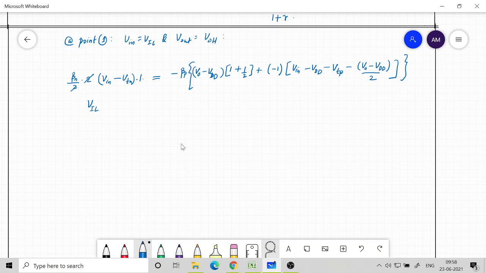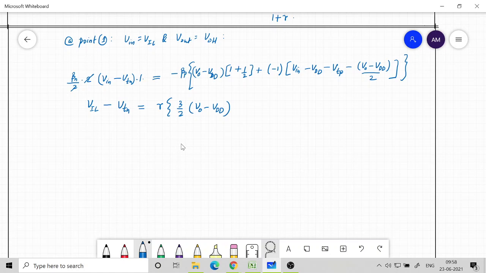So I can substitute for V in as VIL, and then minus VTN. I will take this beta n to the other side, and then minus beta p by beta n. Again I will take it as r. So r into, now 1 plus half is 3 by 2. So I can write it as 3 by 2 into V naught by VDD.